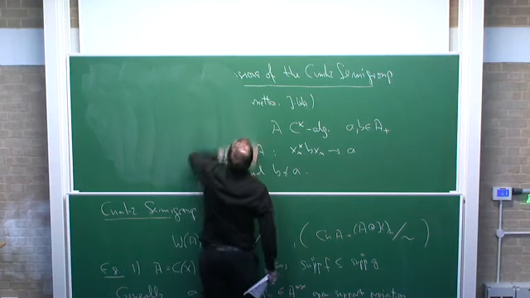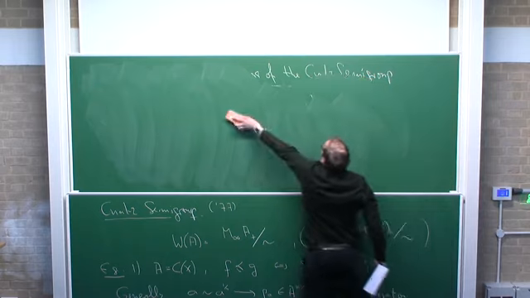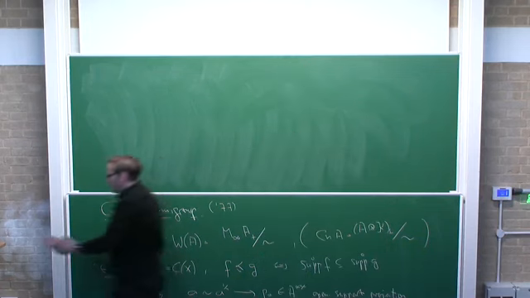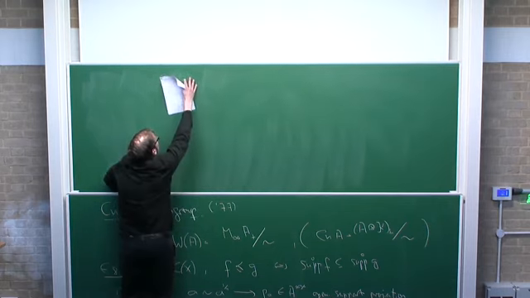Okay, and the second example I want to just mention is that of stably finite algebras. The Cuntz Semigroup is really sort of made for these stably finite algebras, or for algebras which have traces.